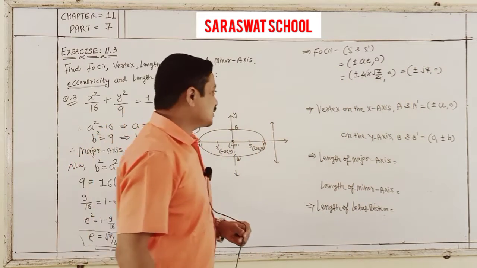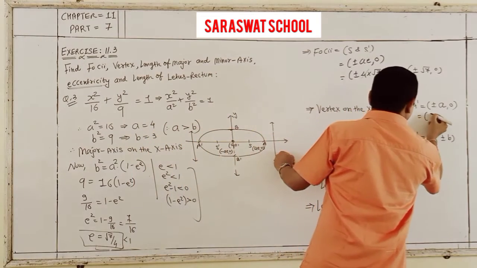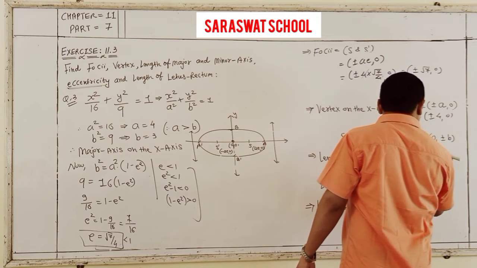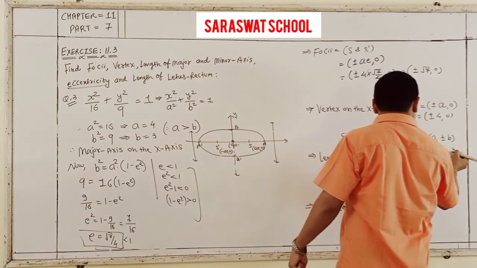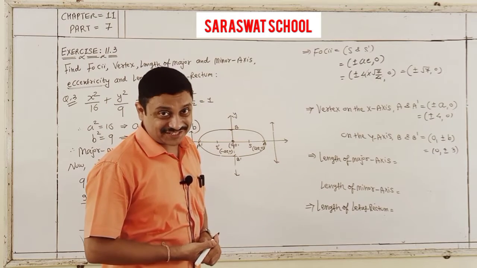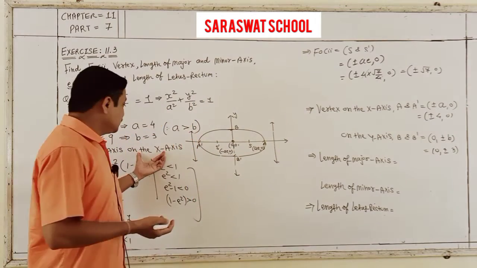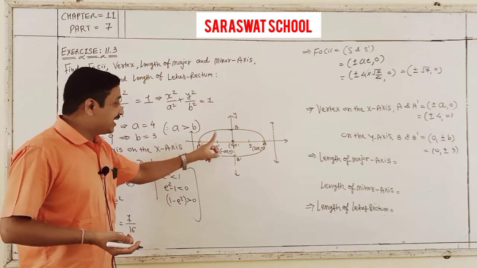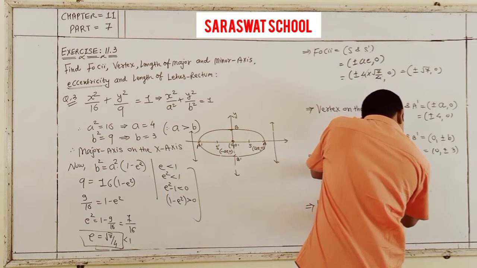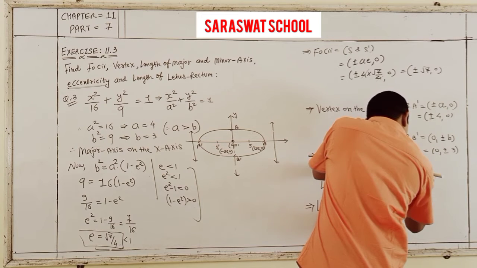Next, the vertex on the x-axis, A dash. What is your a? 4. And b also, the point on the y-axis is plus or minus 0 comma plus or minus 3. Now the major axis. Students, the major axis is on the x-axis, so that length is A to A dash. Yes, it becomes 2 modulus a.